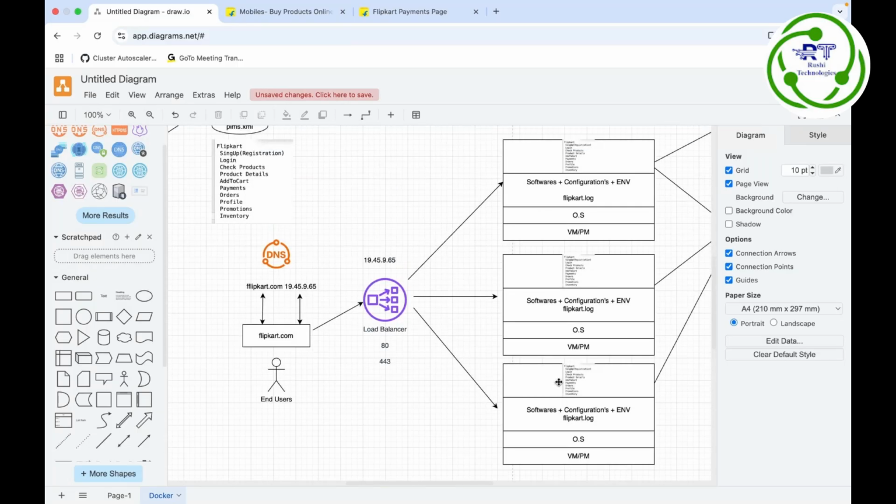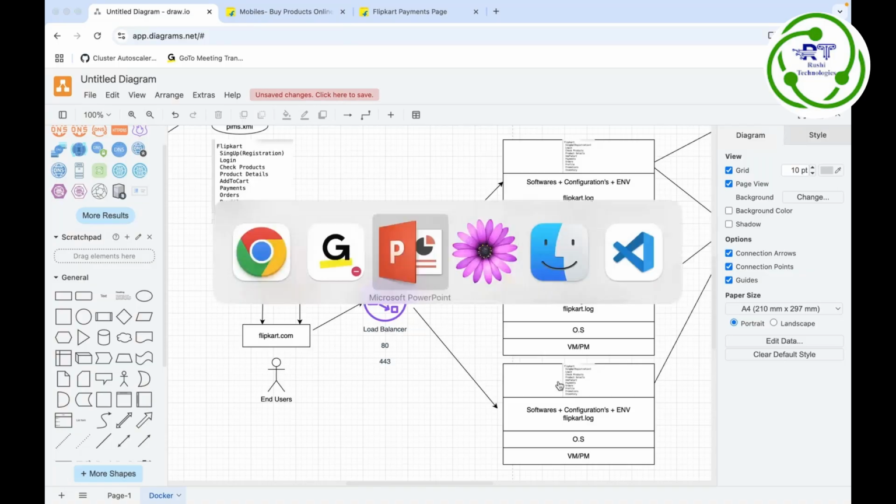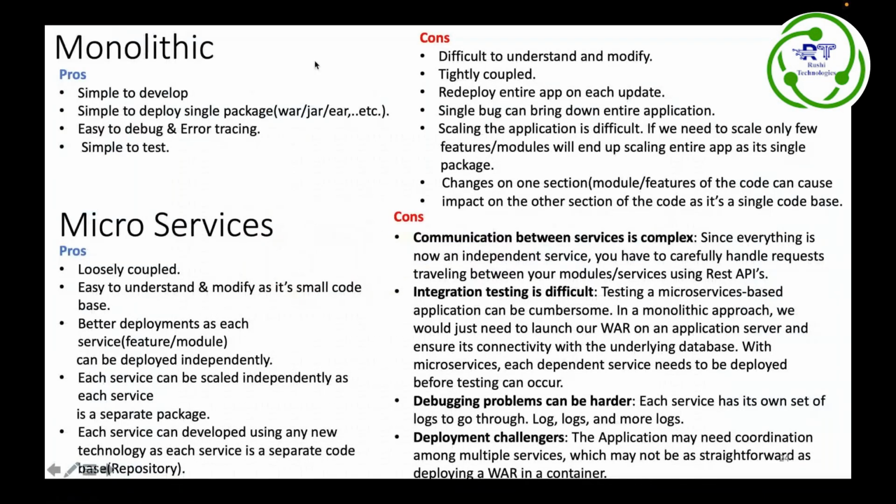And again, changes in one module or feature may impact other modules or functionality, because you are using a common code base. If you are modifying some source code to fix one problem, it may indirectly cause problems in another, because the same common code is used in all those modules or features.